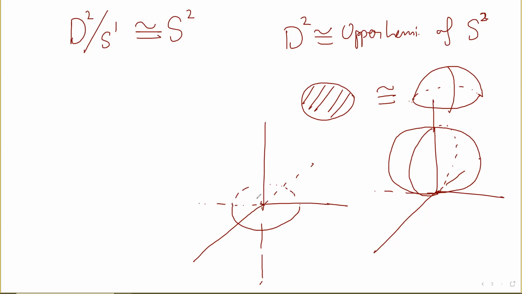And then you have to define a map which folds this D2 up. You can explicitly write it, and let's actually do it.